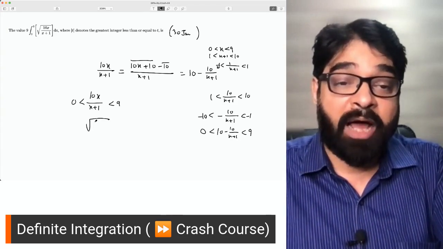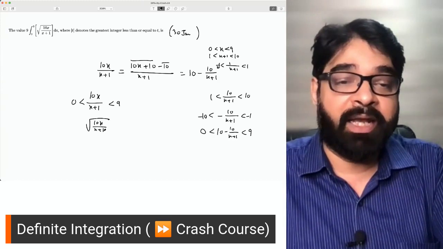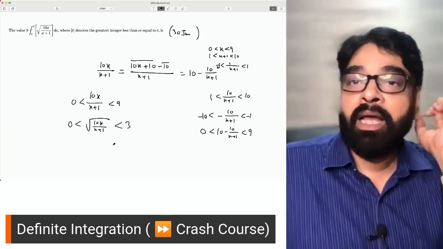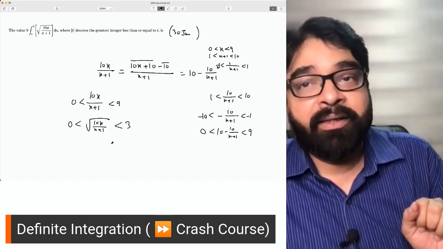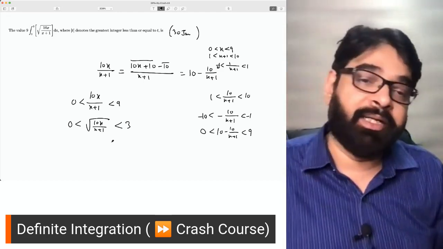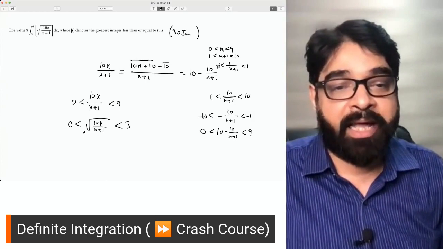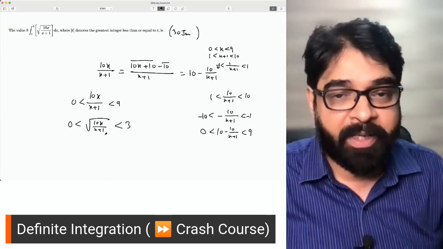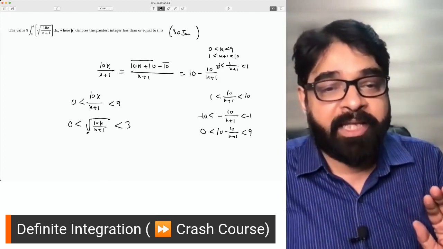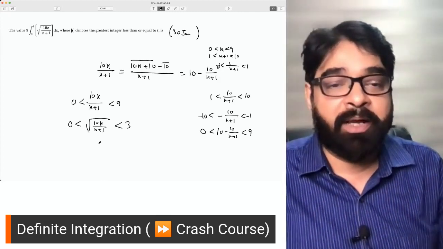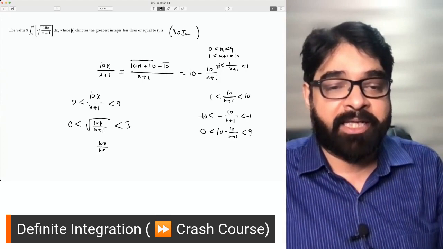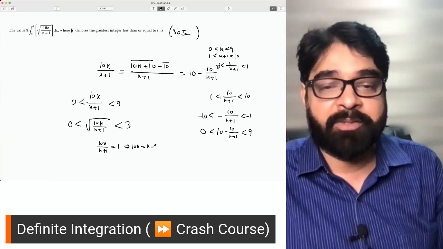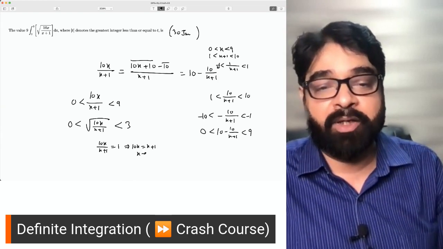It means root of 10x by x plus 1 will lie between 0 and 3. Between 0 and 3, there is the possibility of an integer. This can become 1, this can become 2. Two possibilities are there. When will this become 1? 10x by x plus 1 equal to 1, that means 10x equals x plus 1, so x equals 1 by 9.